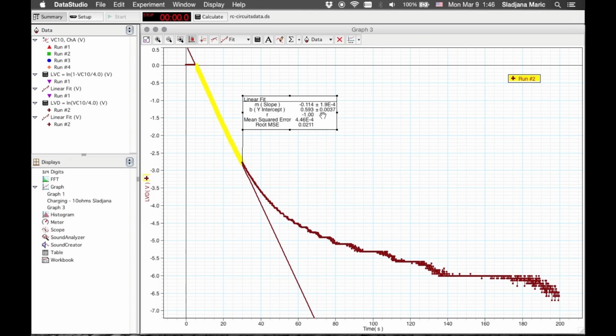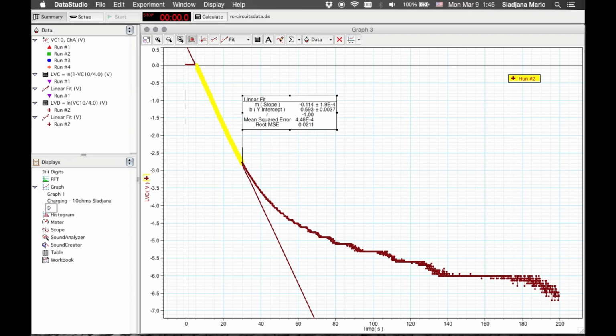From your equation, determine what the slope represents, and then calculate the capacitance of the capacitor, knowing that the resistance of the resistor is 10 ohms. Next step is again to name your graph.